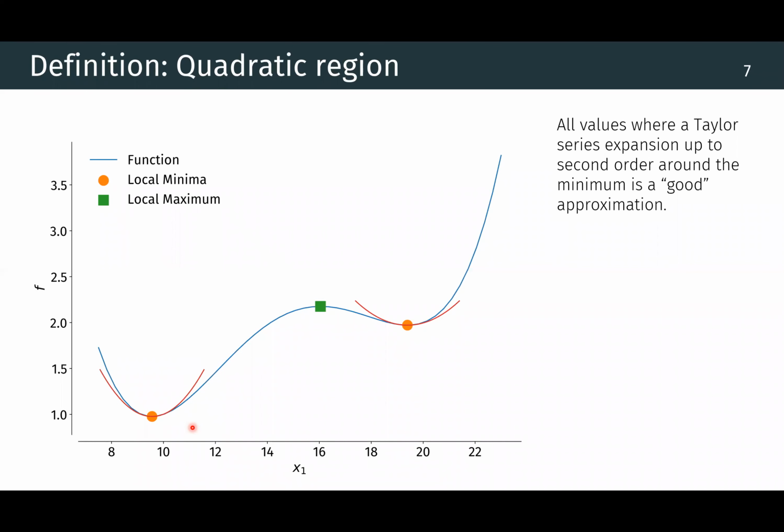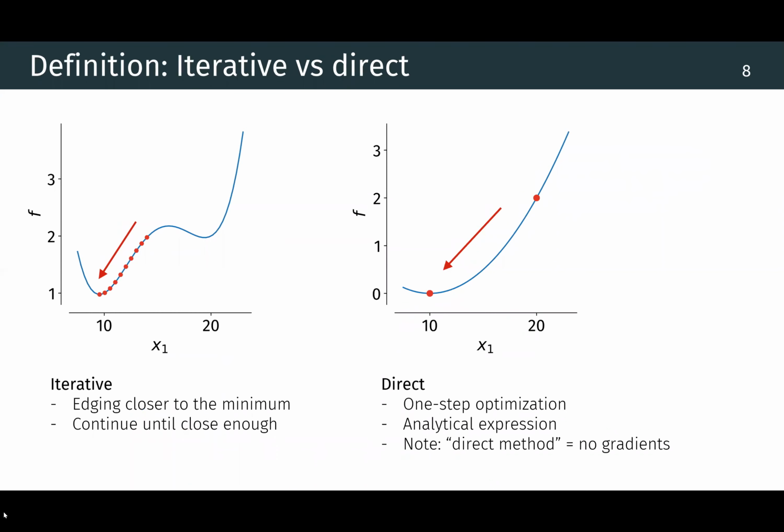Now, with the terms defined, we need to talk about algorithms. And the idea is, imagine you have such a function, what would you do in order to minimize it? And there are two things you might want to do. That's what's shown on this slide. The one could be, I proceed iteratively.